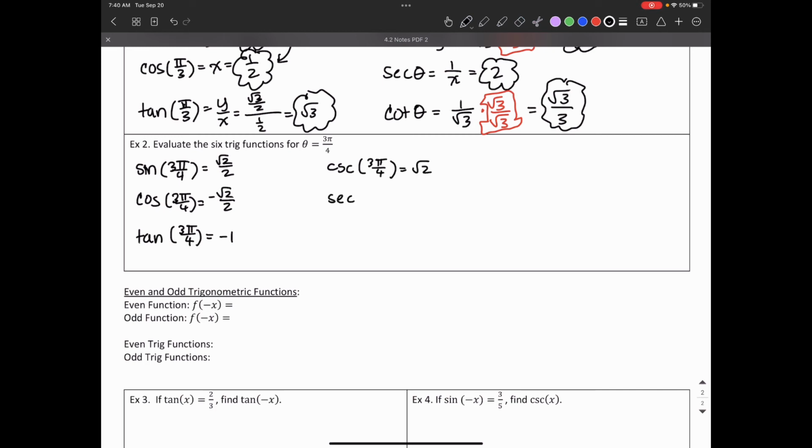For secant of 3 pi over 4, you should have got negative square root of 2, just that. Cotangent of 3 pi over 4 is equal to negative 1. And that's what you should have got for the 6 trig functions for 3 pi over 4.